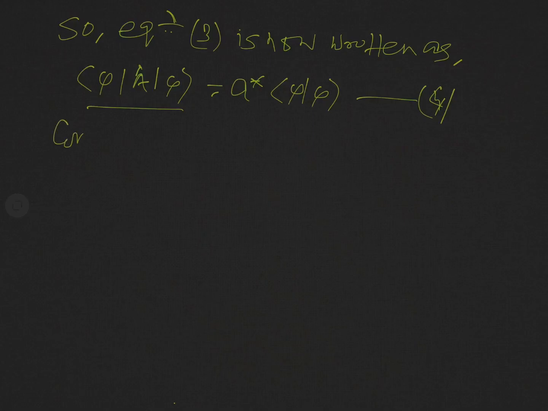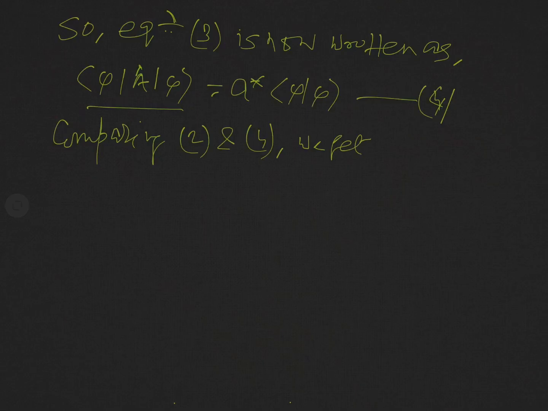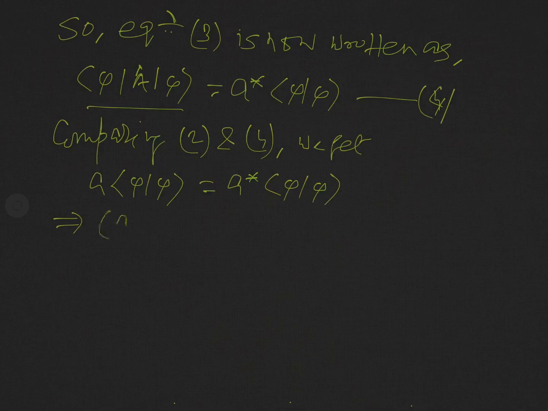So comparing 2 and 4, we get that A product of phi with phi is equal to A star product of phi with phi, and this is A minus A star product of phi with phi, and this is 0.